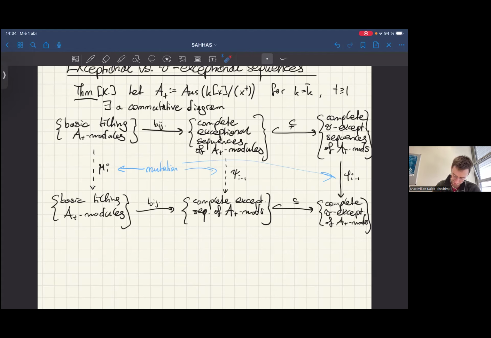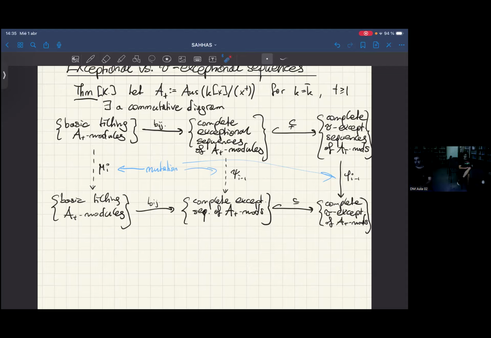You need to know that it gives you an exceptional sequence. That's what I'm saying. Suppose I know that it gives me an exceptional sequence. Does that imply that psi and mu are well defined? I guess so. But maybe I'm misunderstanding the question.